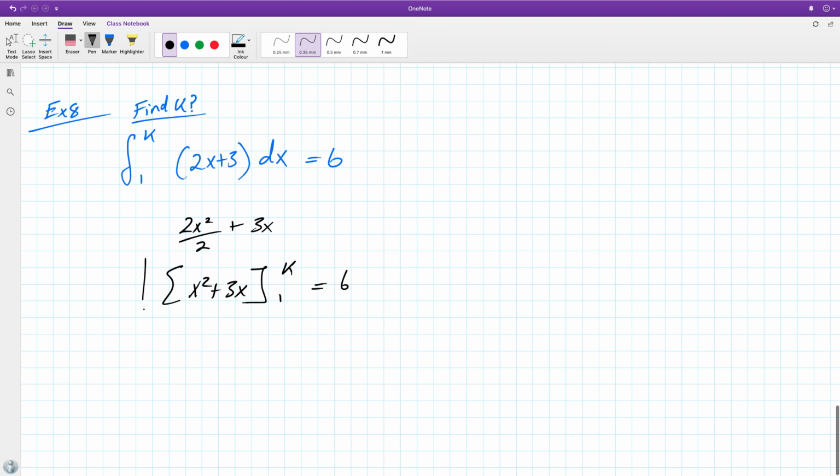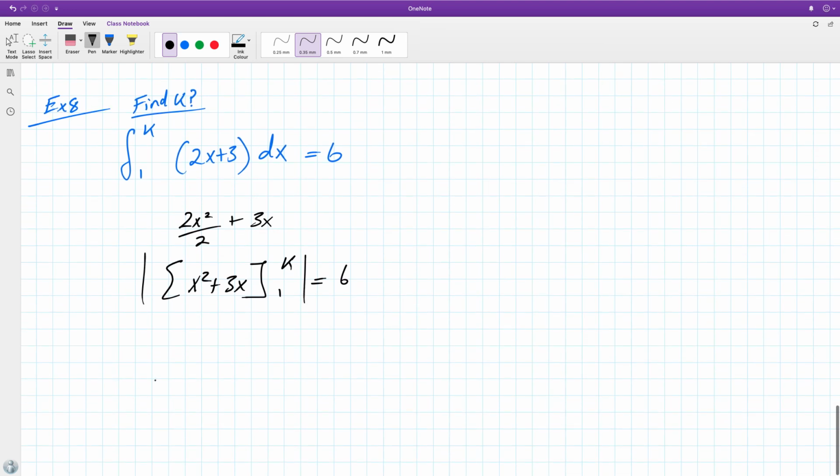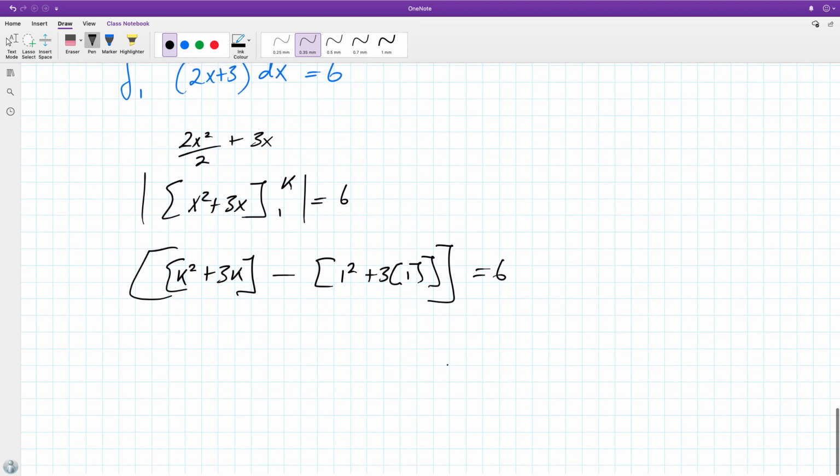So, don't forget our absolute value is 6. That is k squared plus 3 times k minus 1 squared plus 3 times 1 is equal to 6.